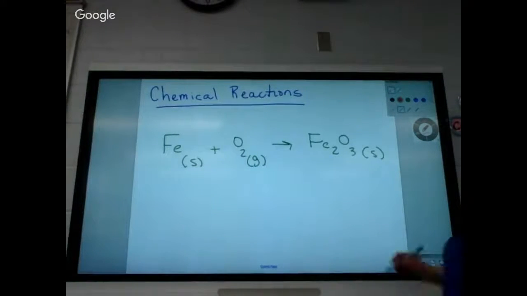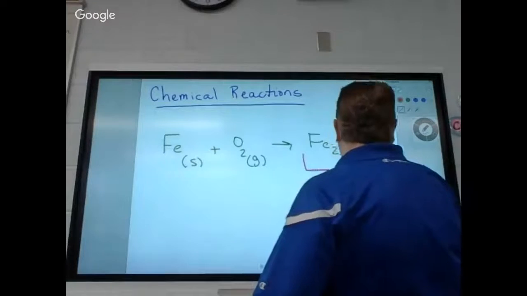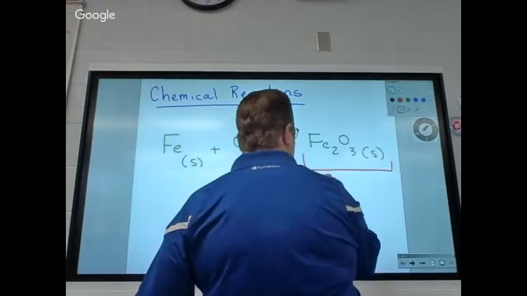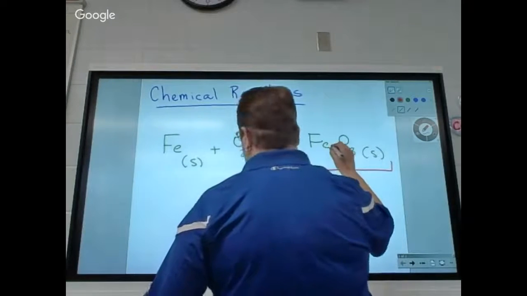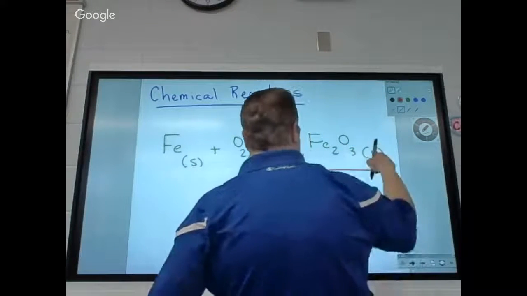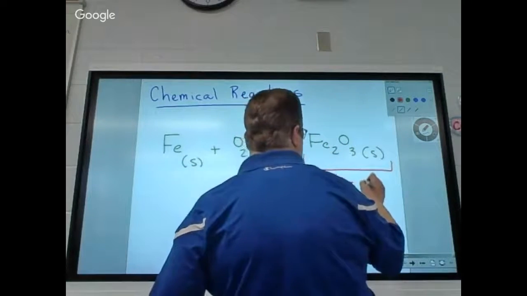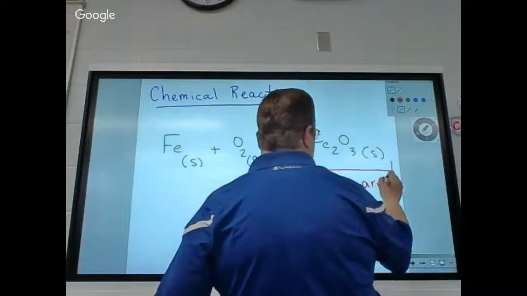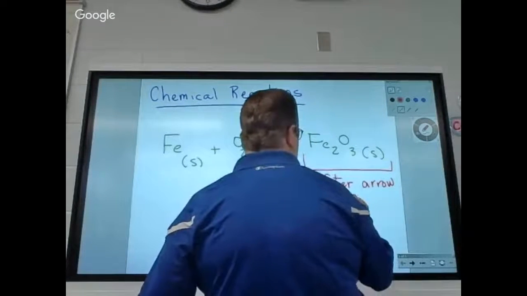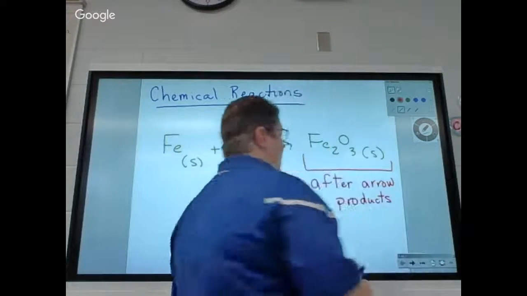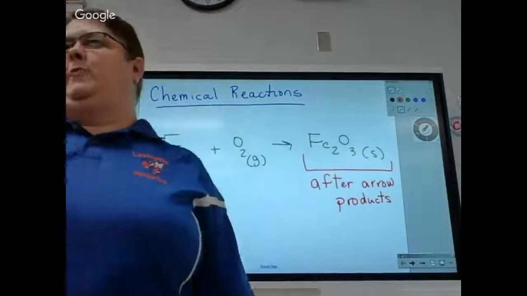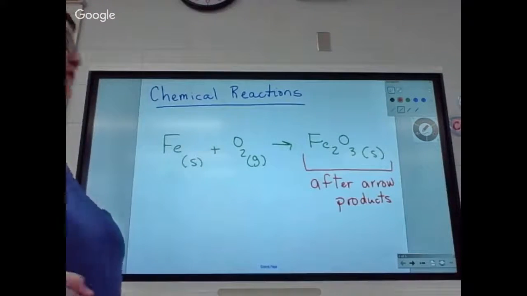There you go. All right. Everything on the right side. Okay. After Fe2, that's an S. All right. After the arrow are the products. Now, I wrote after the arrow today, just because some of us struggle with right and left.